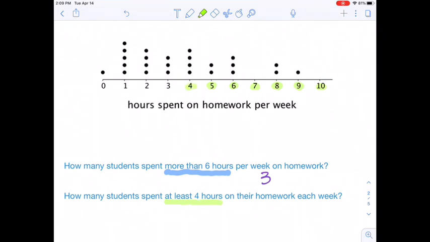Yes, because 4 is the lowest amount that we can include. So let's count them up. We know we have 1, 2, 3, 4 here, 5, 6, 7, 8, 9, 10, 11, 12 students spent at least 4 hours on their homework each week.